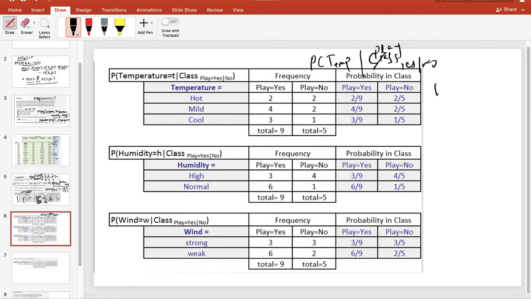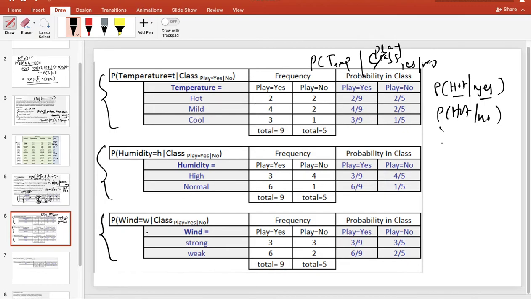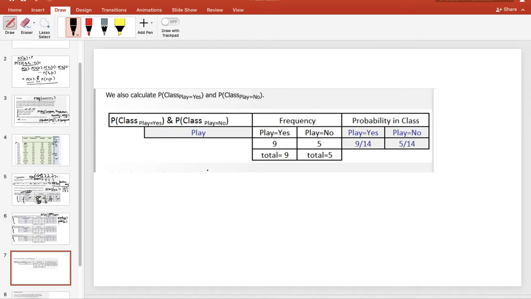So we need to compute the probability of hot given we played, that means yes, and probability of hot given we did not play. So this is temperature and this is class. Using the same method, this table can be computed, and the other tables need to be computed in a similar fashion.